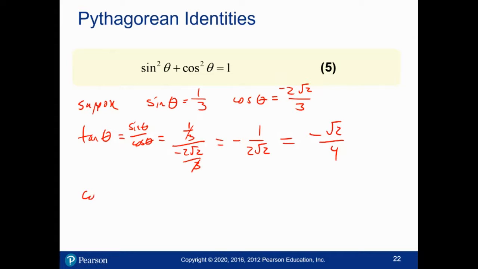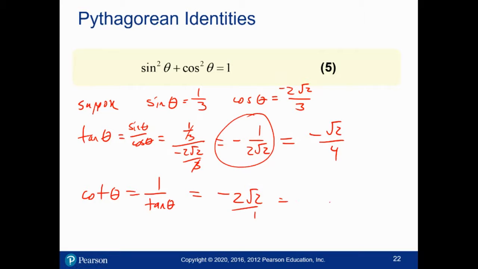This immediately tells me what's cotangent of theta. Well, cotangent of theta is just 1 over tangent of theta. So here was my expression for tangent. So if I reciprocate it, I just get negative 2 root 2 over 1, which is just negative 2 root 2. Okay. What else do we need? Secant theta. Secant theta is 1 over cosine theta. Since cosine theta was negative 2 root 2 over 3, this is just negative 3 over 2 root 2.